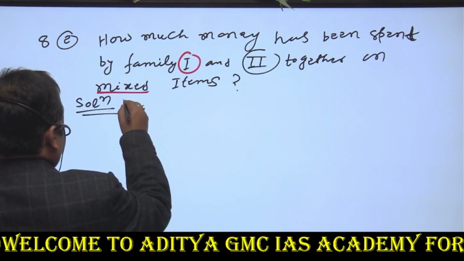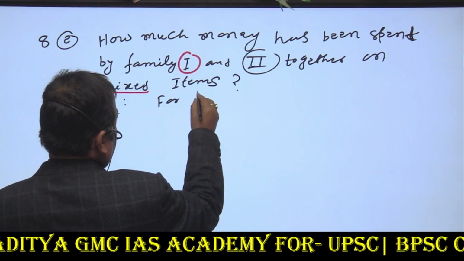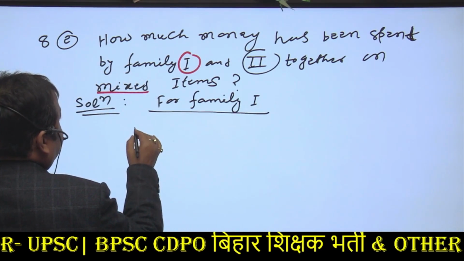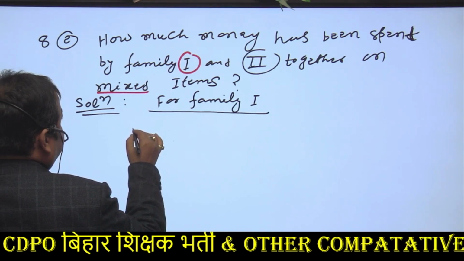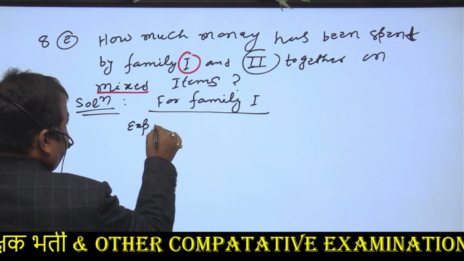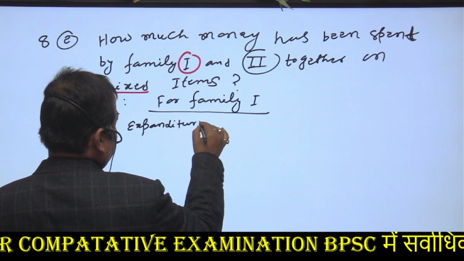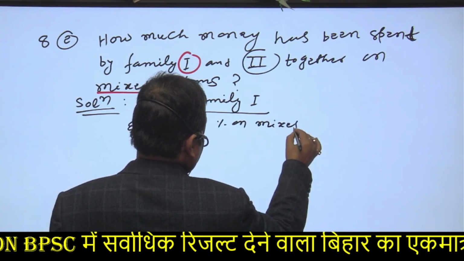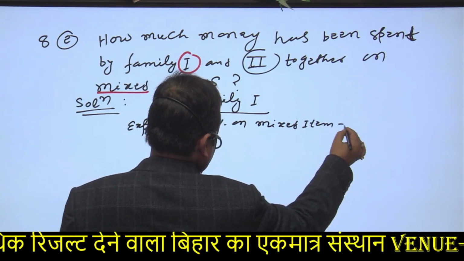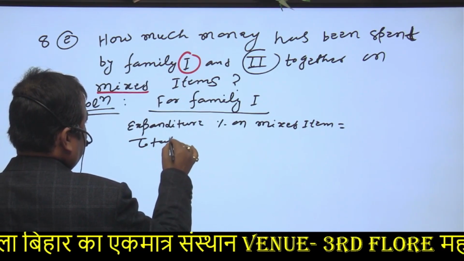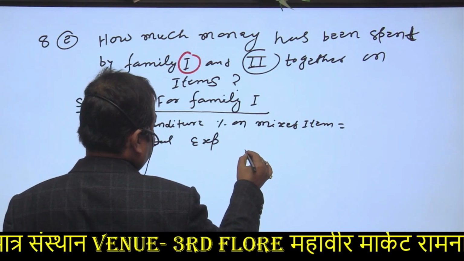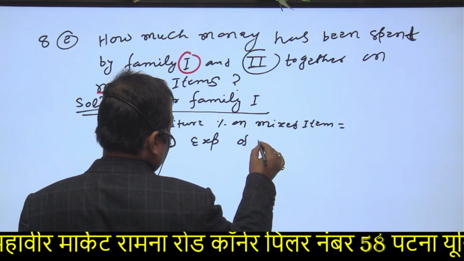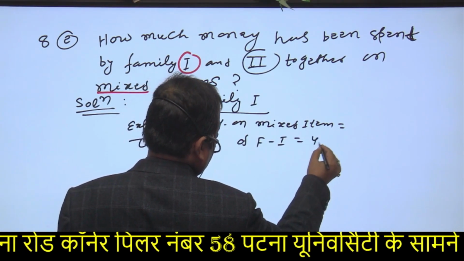So first of all, for family 1, expenditure percent on mixed item: total expenditure of family 1 equals 4 lakh.